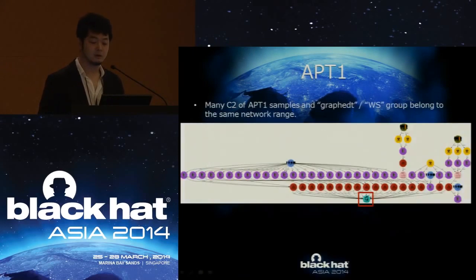And you can also see another relation to APT1. Many C&C servers of APT1 samples are like this, and the GraphEdit group and WS group belong to the same network range.